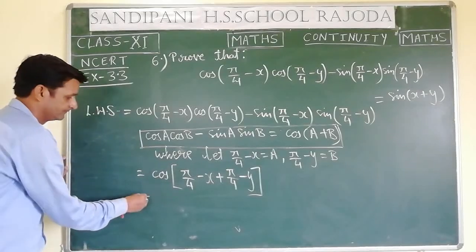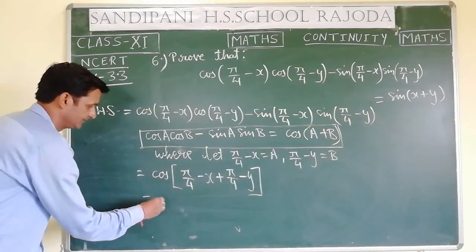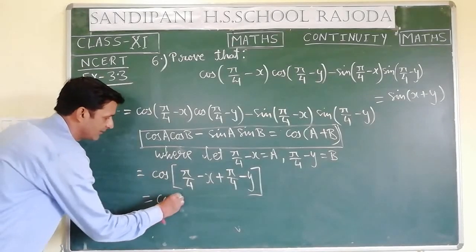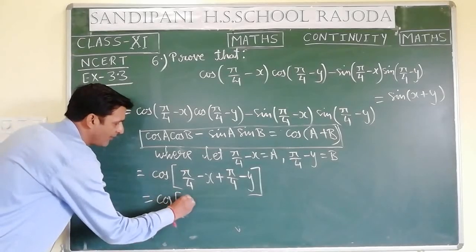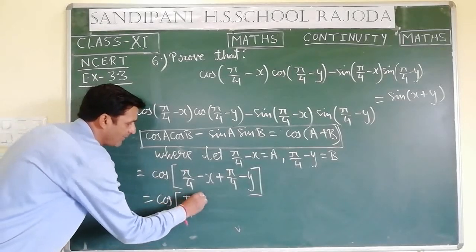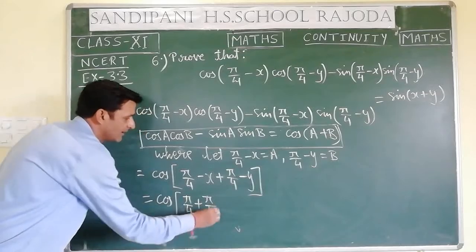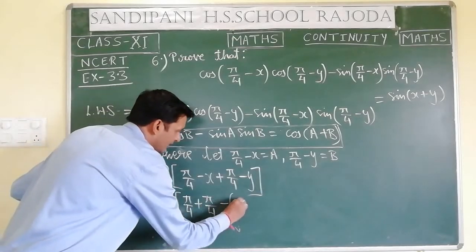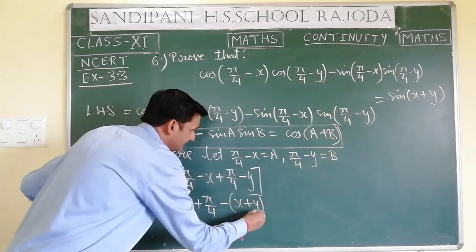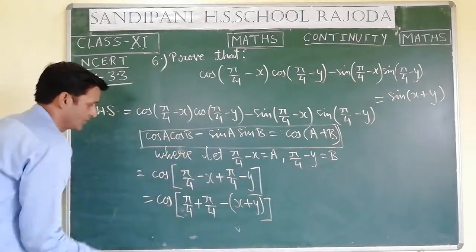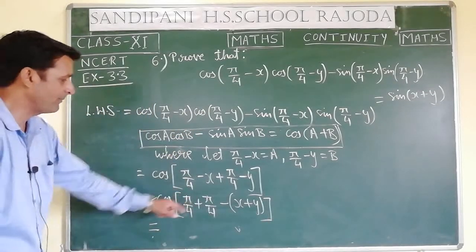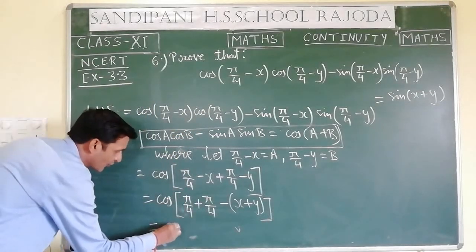So it will be equal to cos of pi by 4 plus pi by 4 minus, if we take common, x plus y, bracket closed. So pi by 4 and pi by 4 will be equal to 2 pi by 4.